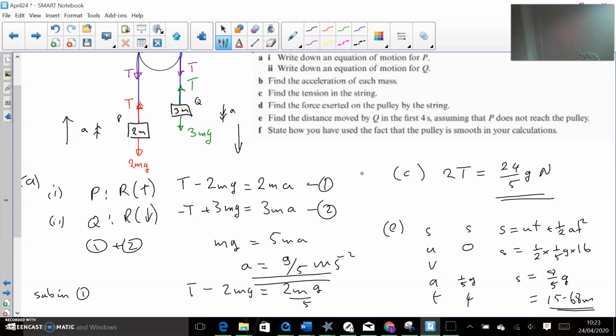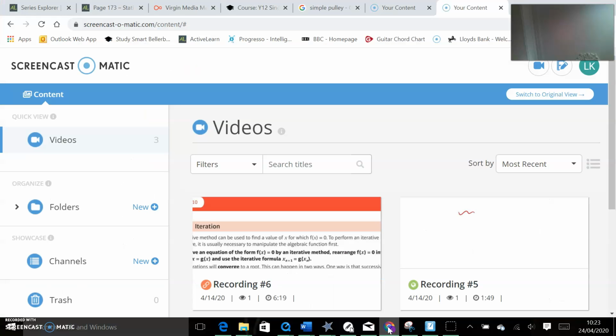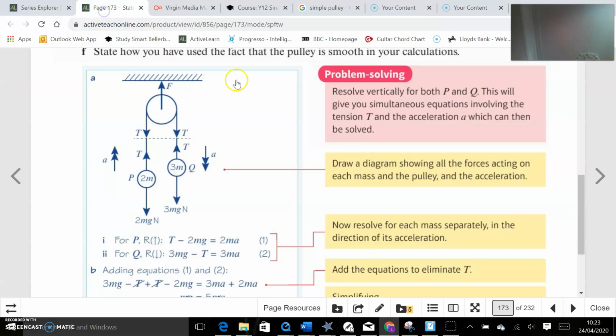Okay, so this will enable you to do some of the problems in exercise 10F on page 175.